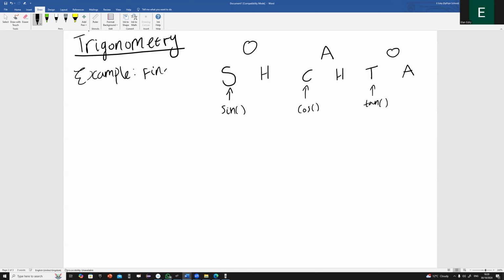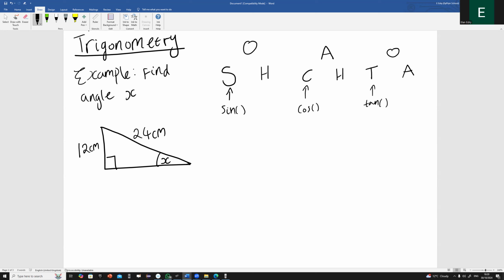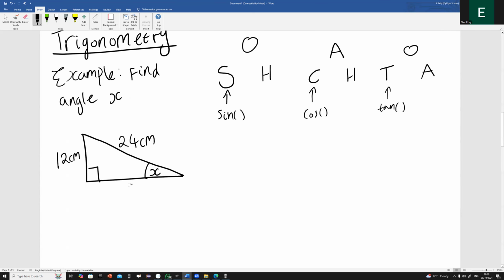The example here is to find the angle X. So I've got a right angle triangle. There's the angle X. Right, so we've got this situation. Now, I'll just write this in red.